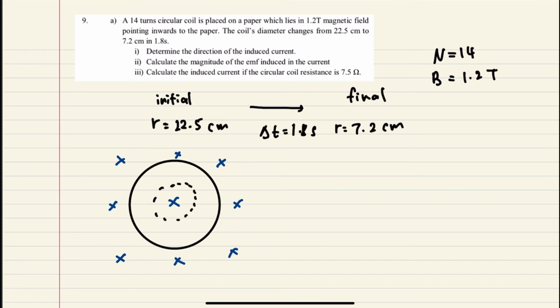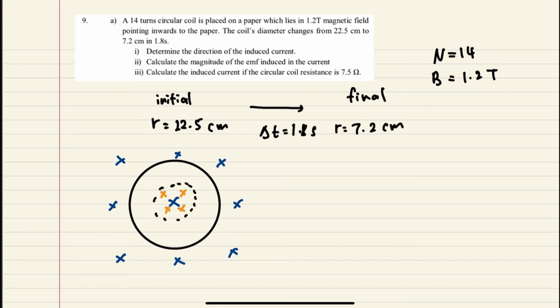So you can imagine the magnetic field inside the loop decreasing. According to Lenz's law, it will try to increase back the magnetic field. So the induced magnetic field will be pointing into the page as well. It wants to increase it back.